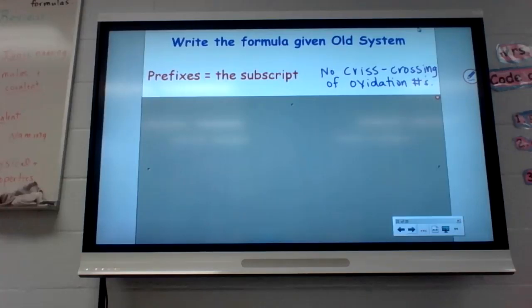The prefix is the subscript. So if it says disulfur, that means you have how many sulfurs? 2 sulfurs. If it says tetraoxide, that means there's 4 oxygen. There's no crisscrossing here. That's what makes this system different.